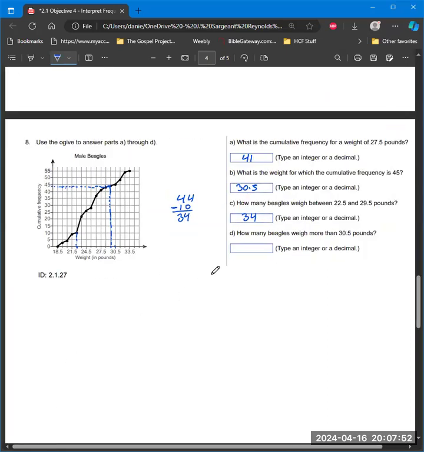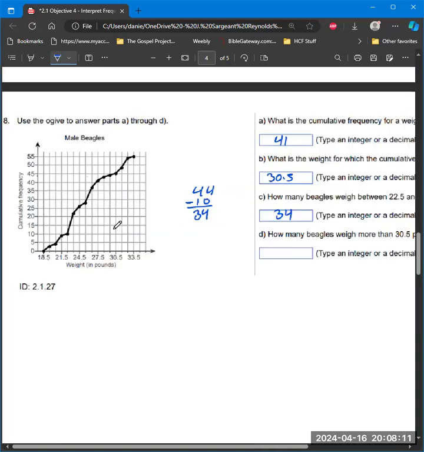And how many beagles weigh more than 30.5 pounds? So we have a total of how many beagles?